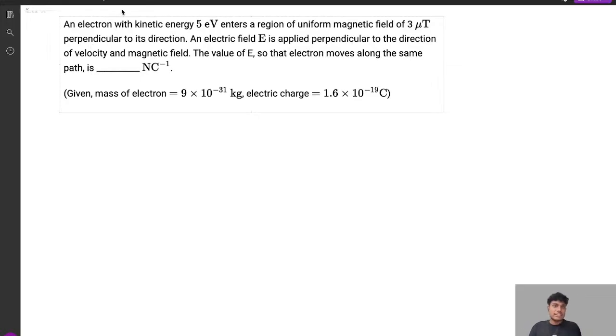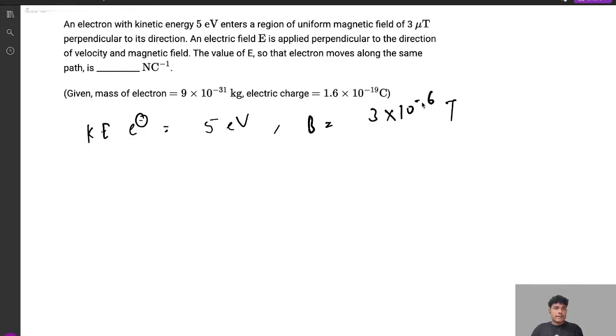An electron with kinetic energy 5 electron volt, that is, the kinetic energy of the electron is equal to 5 electron volt, enters a region of uniform magnetic field of 3 micro Tesla, that is B is equal to 3 into 10 raised to power minus 6 Tesla, perpendicular to its direction.